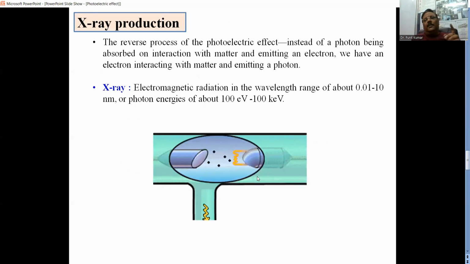As we see in the photoelectric effect, the photon is incident and an electron is emitted. And the reverse is that the electron is incident and a photon is emitted.